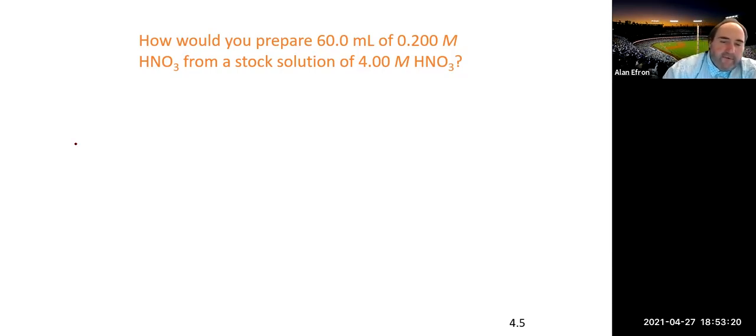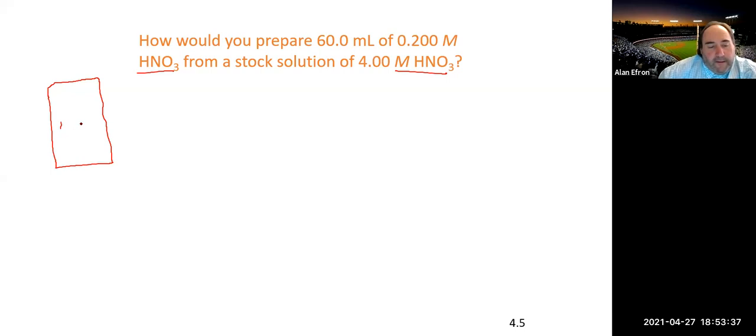So first off, we're doing a dilution. We're starting with nitric acid over here, and we're ending with nitric acid. So just so everybody's clear on what's going on, we basically have a bottle of more concentrated nitric acid that's 4 molar sitting here on the shelf.